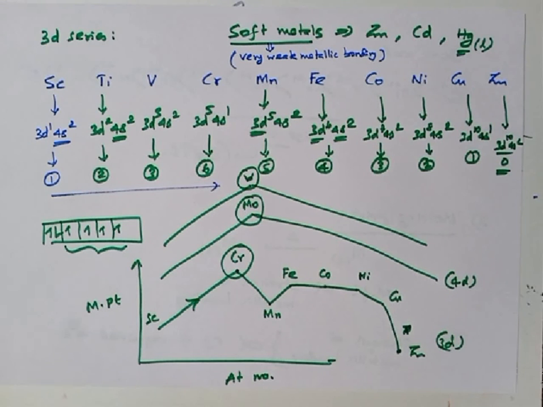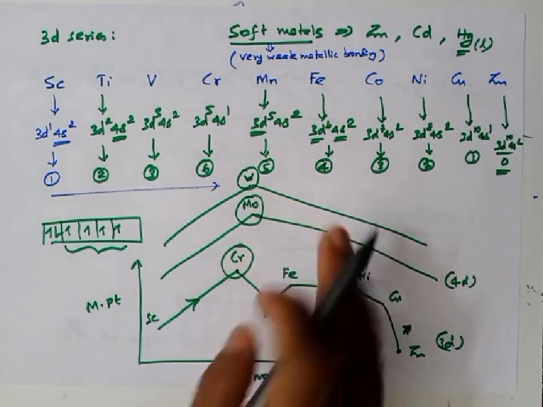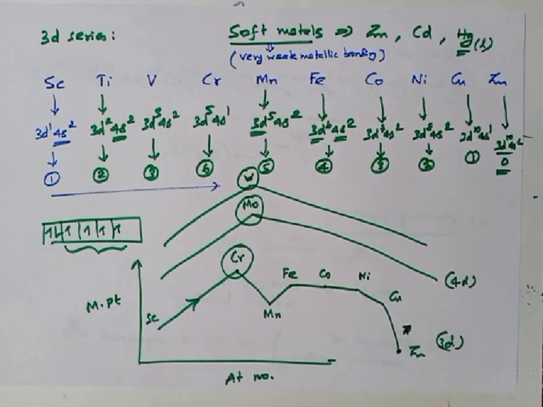That is the reason we use tungsten as the filament in electric bulbs. Why? Because tungsten has a high melting point, so even at very high temperature it will not melt. What is the reason? The reason is strong metallic bonding.